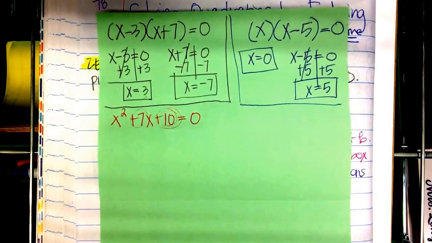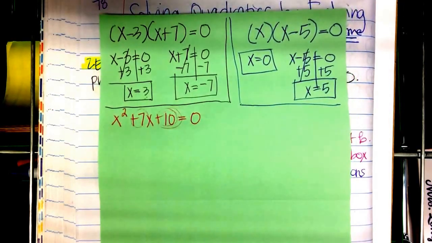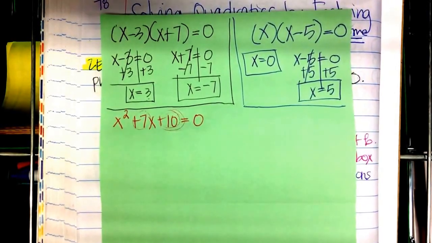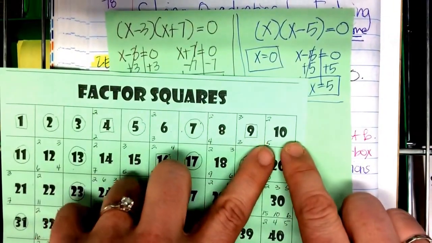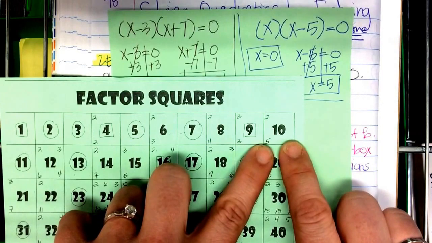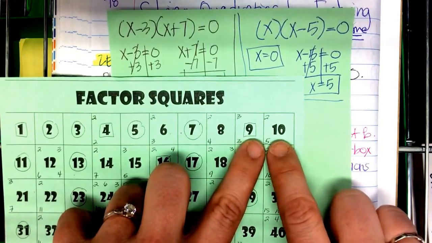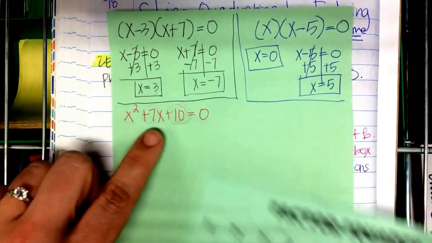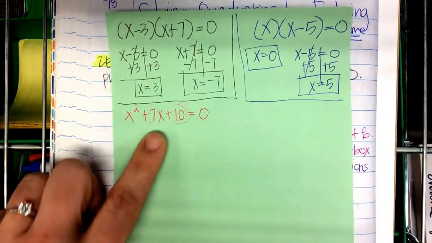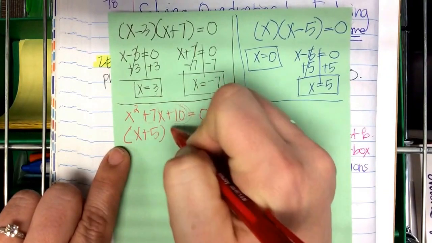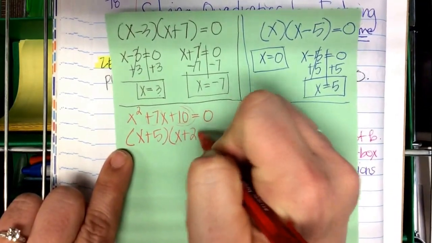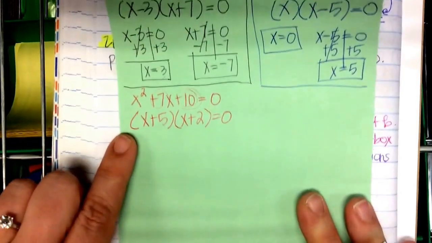So factors of 10 that have a sum of 7. 5 and 2. 5 plus 2 is 7. So x plus 5 and x plus 2 equals 0.